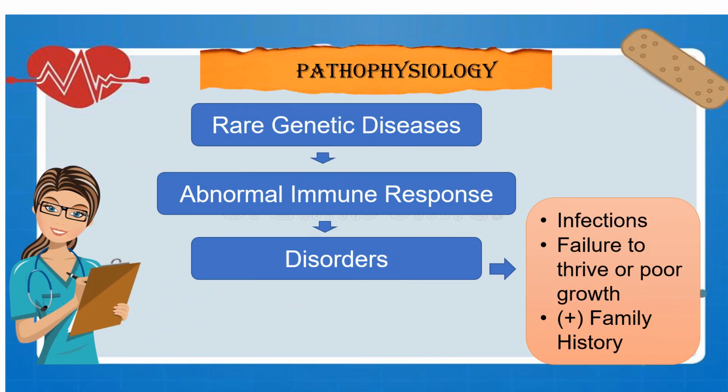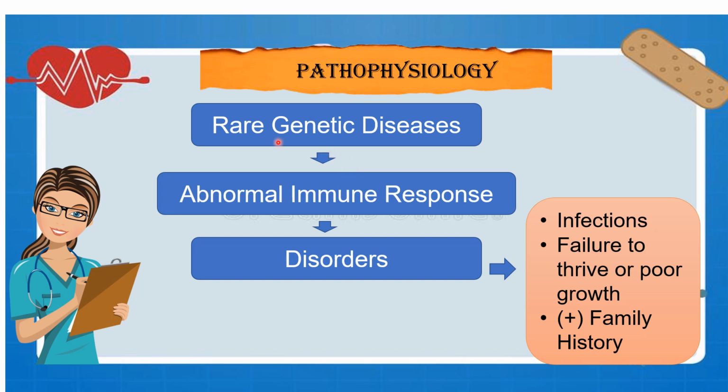Let's talk about the pathophysiology of PIDs. In the United States, there are more than 200 different forms of PIDs, affecting about 500,000 people. More than 270 different genes are associated with PIDs that are recognized by the International Union of Immunological Societies, according to Hernandez Trujillo et al. in 2015.